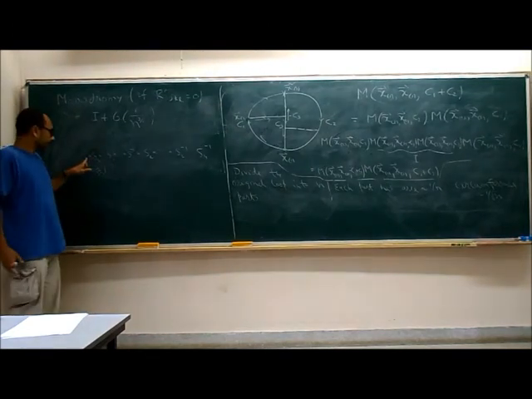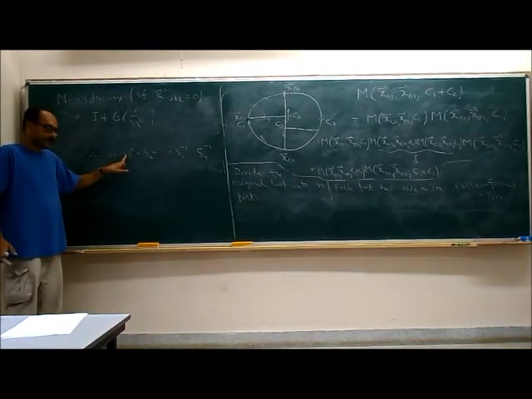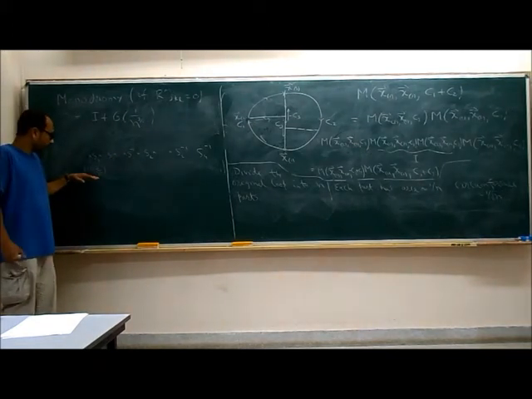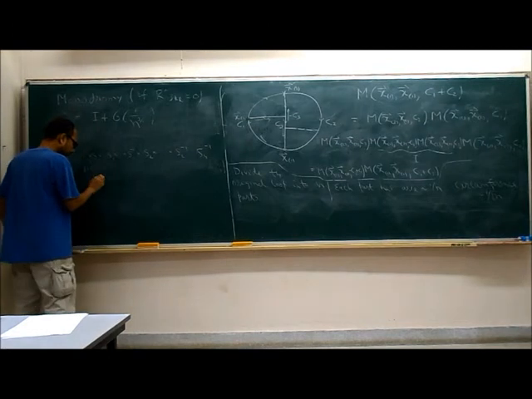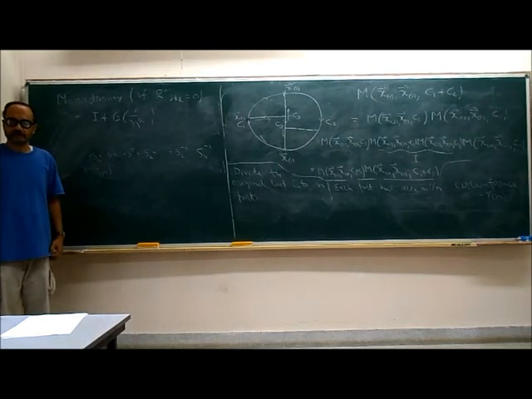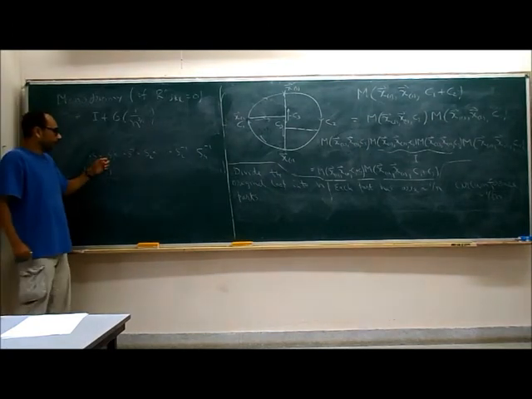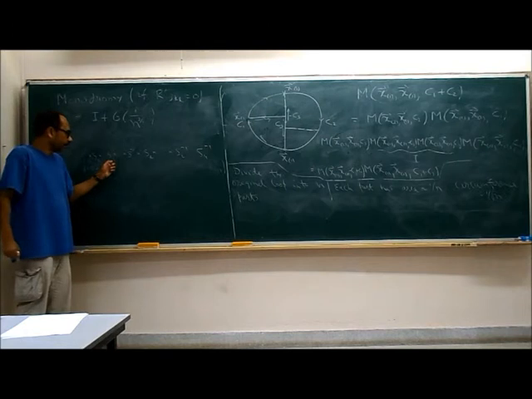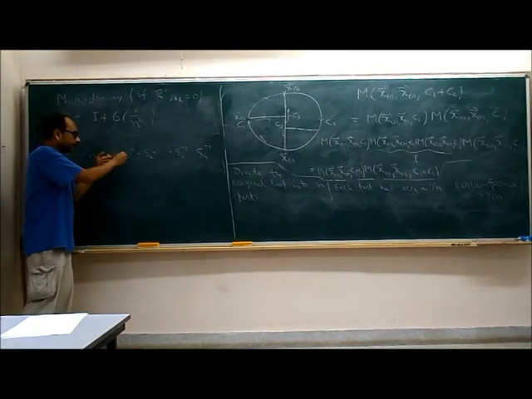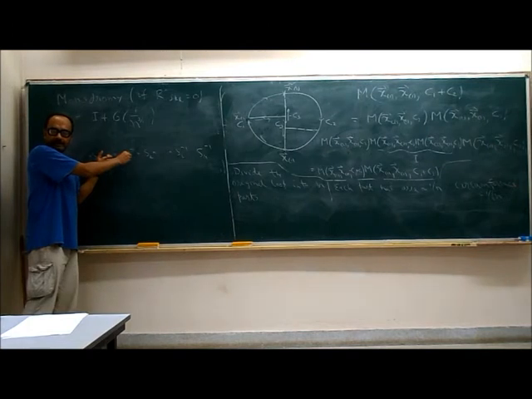So for each of the loops you will get a monodromy of order identity plus order 1 over root n or 1 over n to the 3 half. And then some conjugations in the middle. But the conjugations we can perform. Suppose you have an S1 and S1 inverse. That means you are basically conjugating each of the monodromies in between.